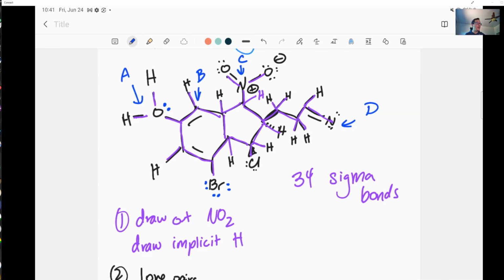Now if we count all the non-bonding pairs, which are lone pairs, we have 1, 2, 3, 4, 5, 6, 7, 8, 9, 10, 11, 12, 13 total non-bonding pairs in this molecule.